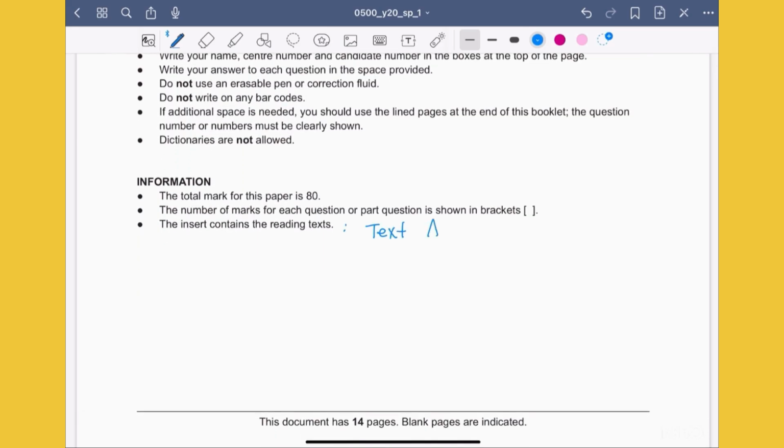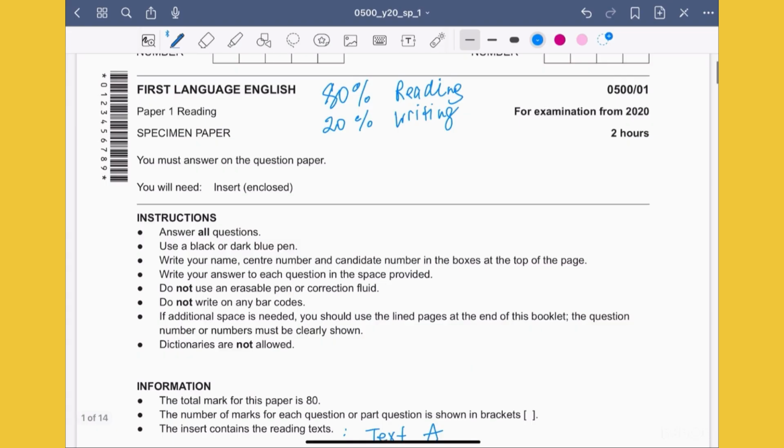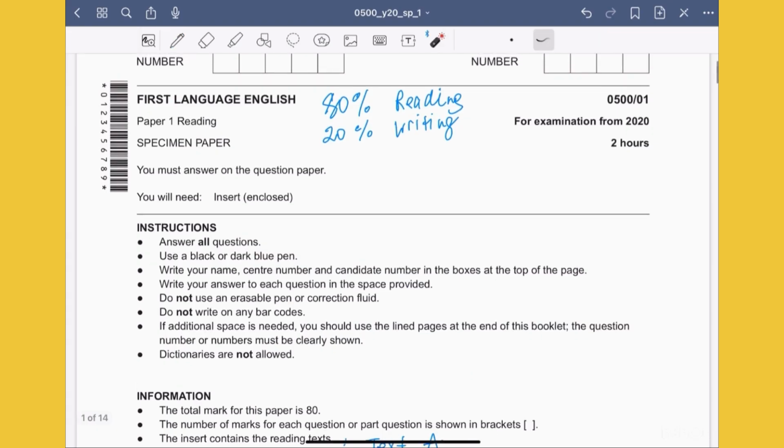They will name them Text A, Text B, and Text C. I have chosen the specimen paper for examinations from 2020 because this is the latest format, and as of today, 2023, this format is still the one being used by Cambridge for this specific subject.